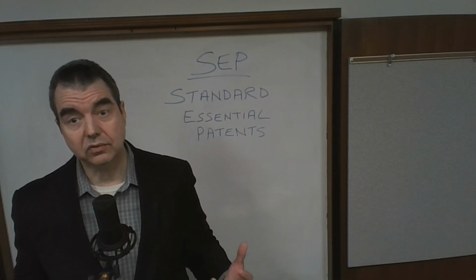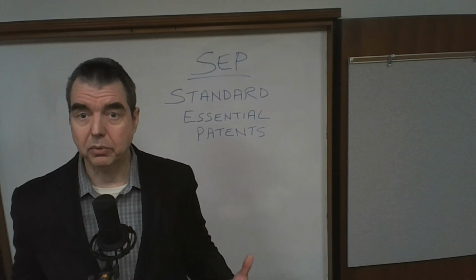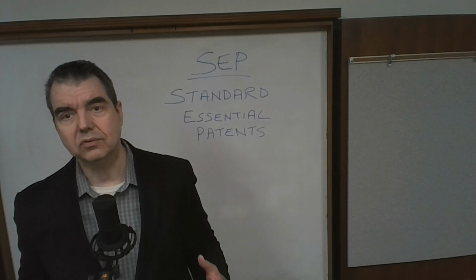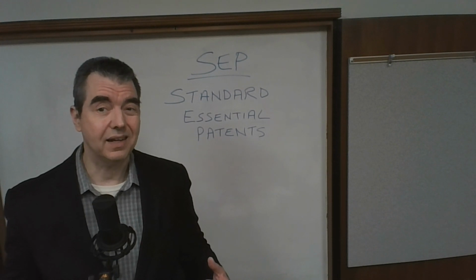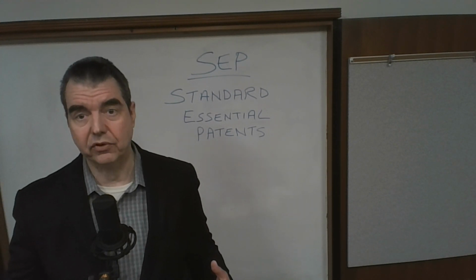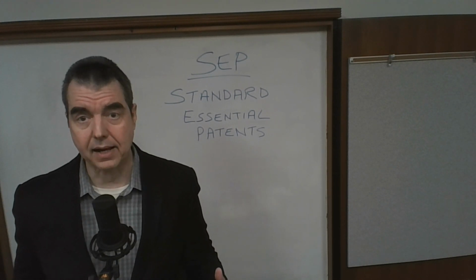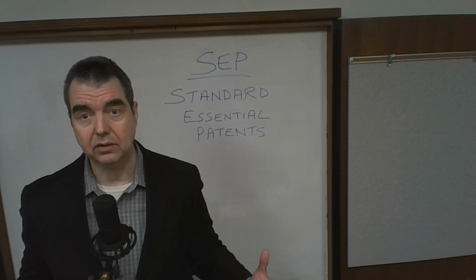Therefore, standards essential patents become very valuable in a certain industry because anyone that's developing products and complying with the standards in that industry by definition must be infringing the standard essential patents associated with that industry.